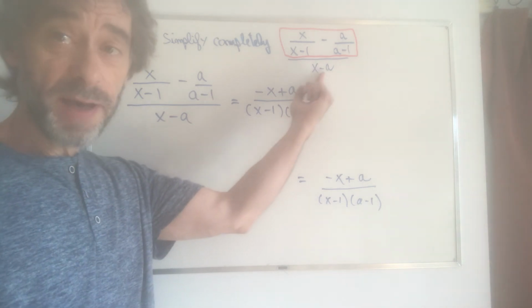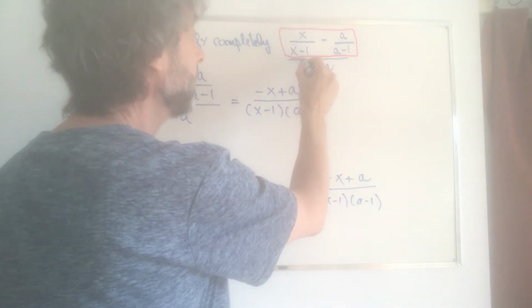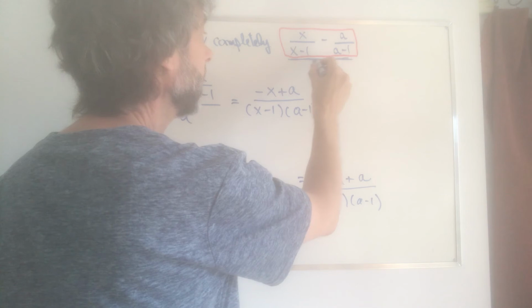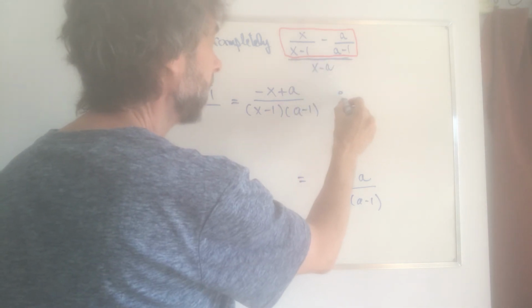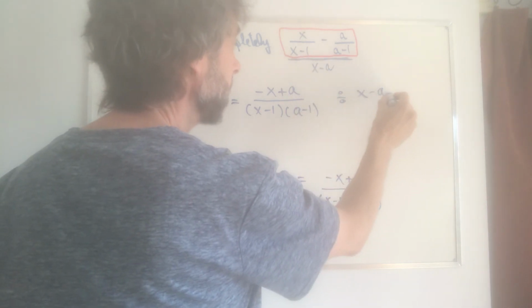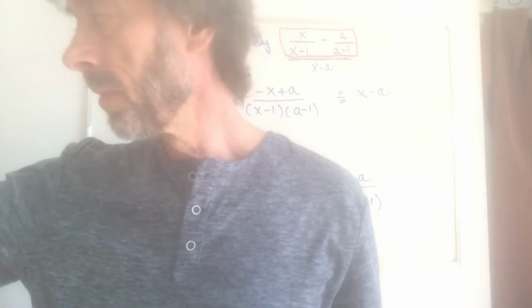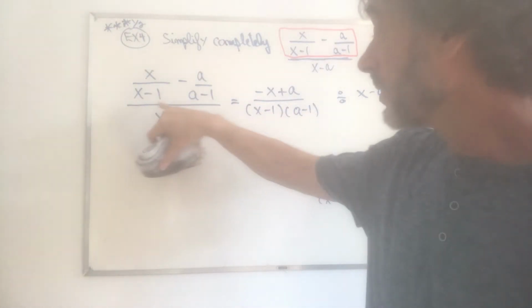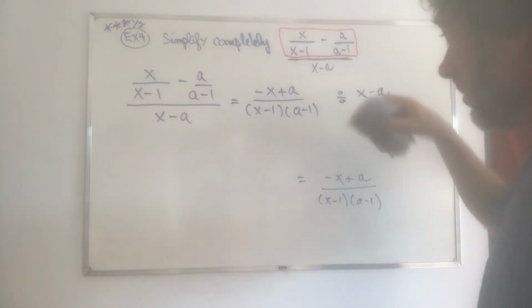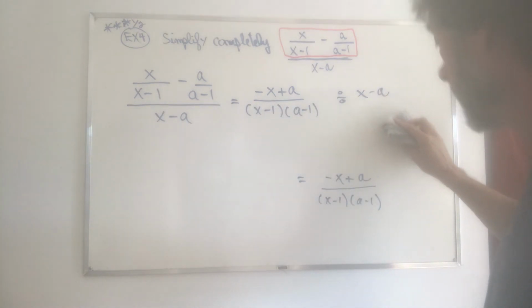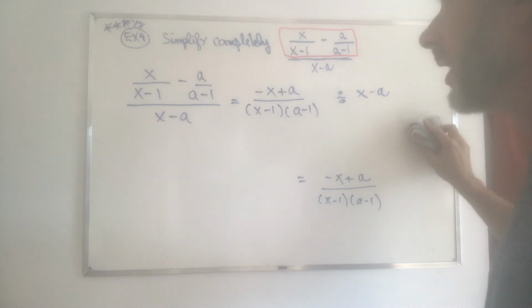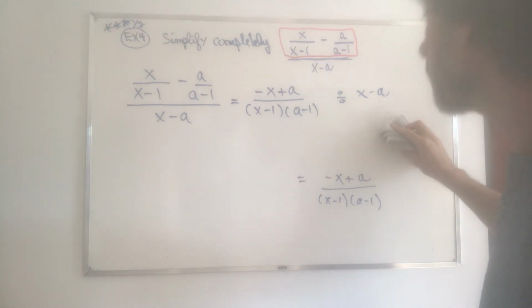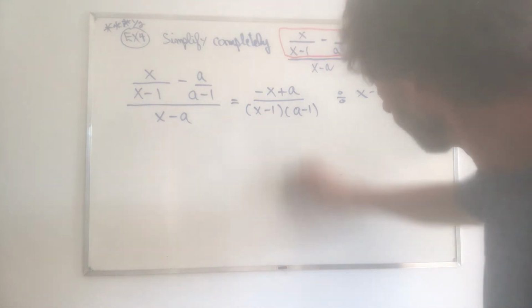That happens to be divided by x minus a, right? This division bar simply means divide by x minus a. Would you concur? Did I copy this right? Didn't make any recopying mistake here. Looks about right.